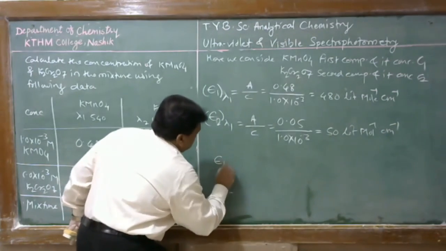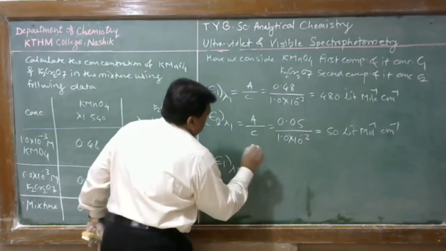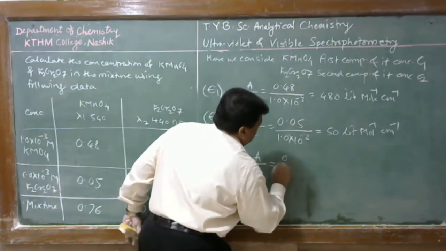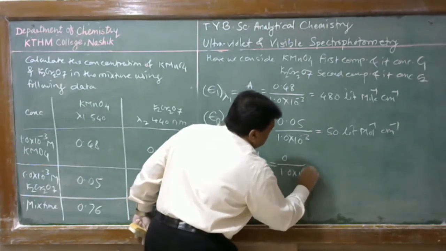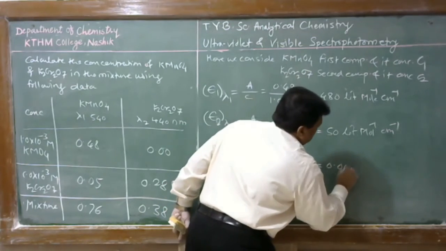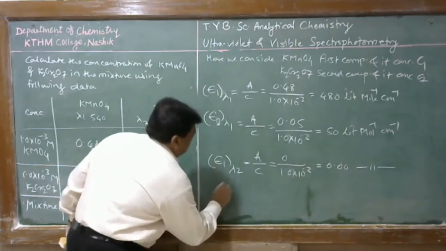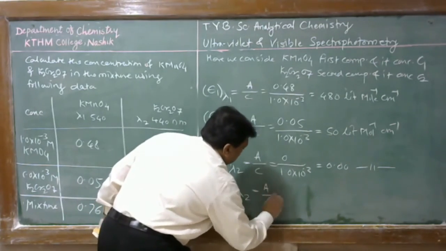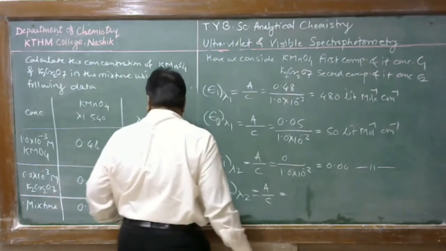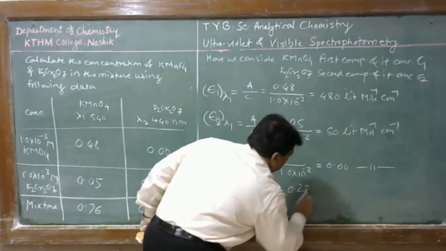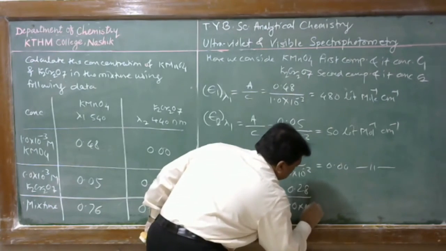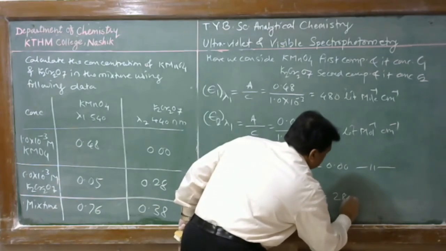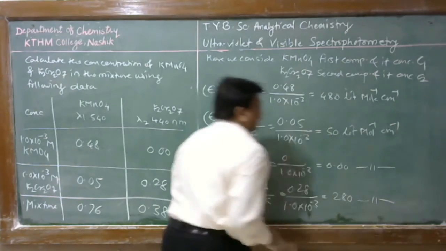Similarly, epsilon 1 at lambda 2 is equal to A upon C, which is 0 divided by 1.0 into 10 raised to minus 3, meaning 0 liter per mole per centimeter. Similarly, epsilon 2 at its own wavelength lambda 2 is again A upon C, which is 0.28 divided by 1.0 into 10 raised to minus 3, which is equal to 280 liter per mole per centimeter.